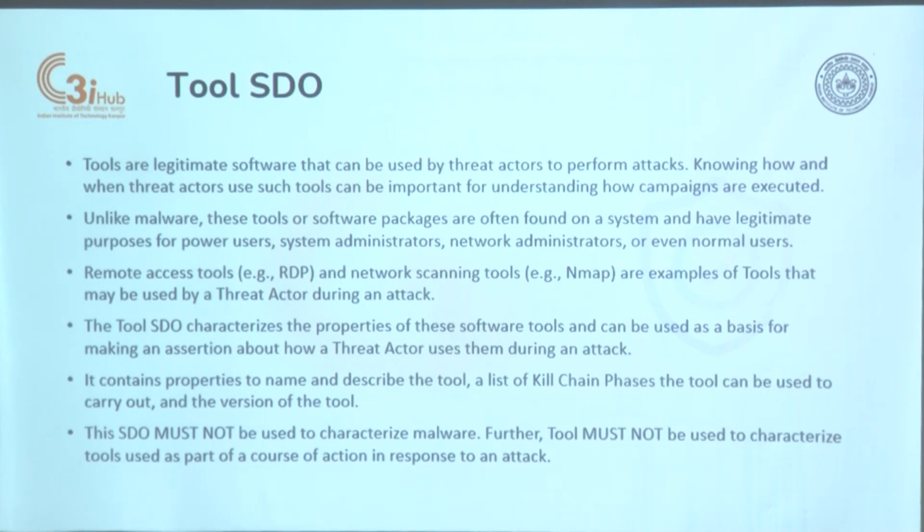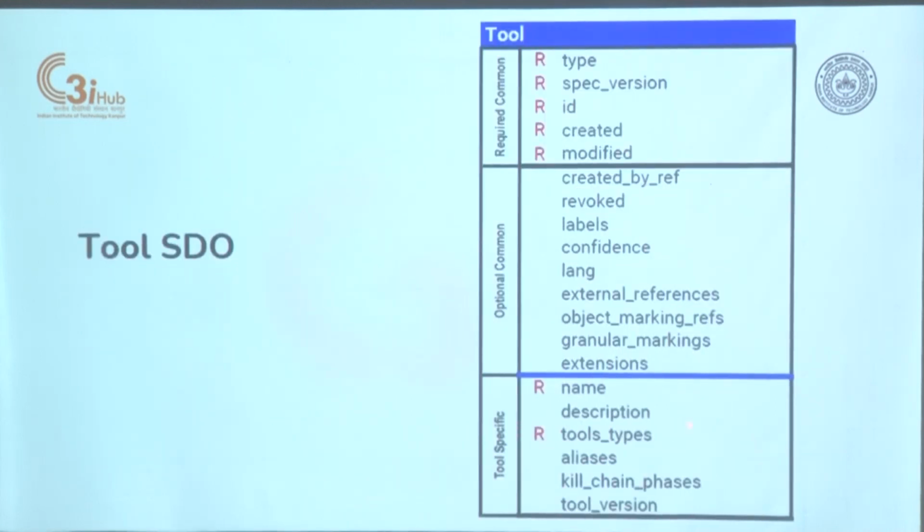If you have an RDP which is not properly protected, a remote desktop port open and a vulnerable version of Windows, you might be attacked by this actor, or scanned by Nmap by this threat actor, right. So, do not answer the Nmap scan, do obfuscation and so on. Usually for a tool, you want information such as tool types, the kill chain phase it is being used in, and what version of the tool might be used.